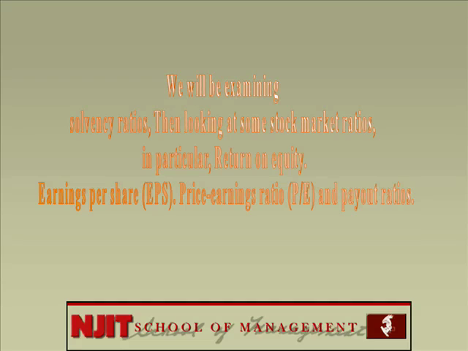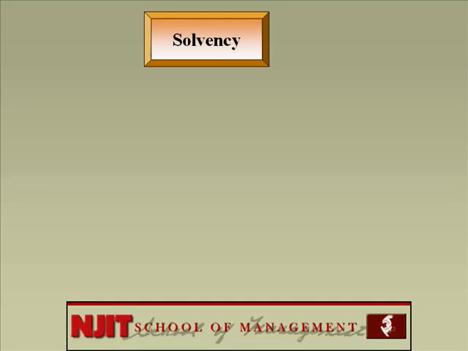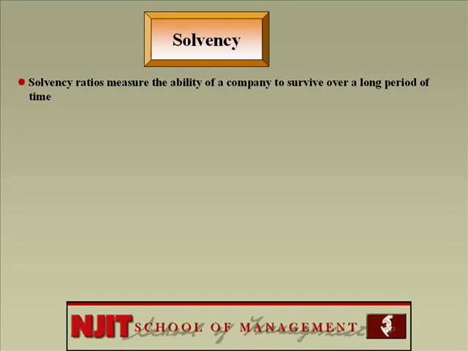So let's start. What is solvency ratio? It measures the ability of a company to survive over a long period of time. Hypothetically, can you have a company which looks profitable, which appears to have cash, but in the long term it goes under?